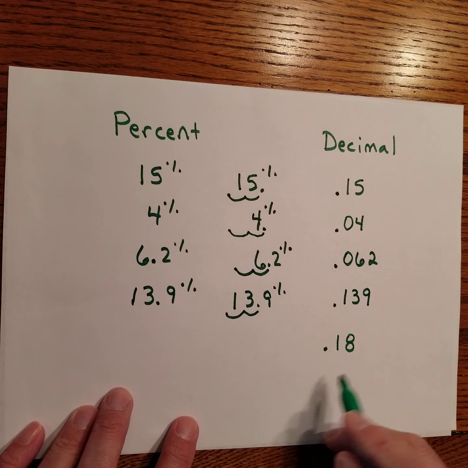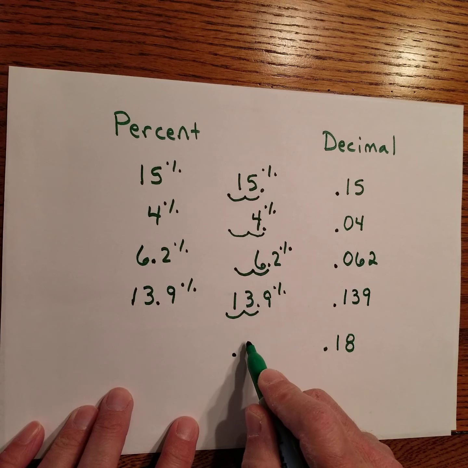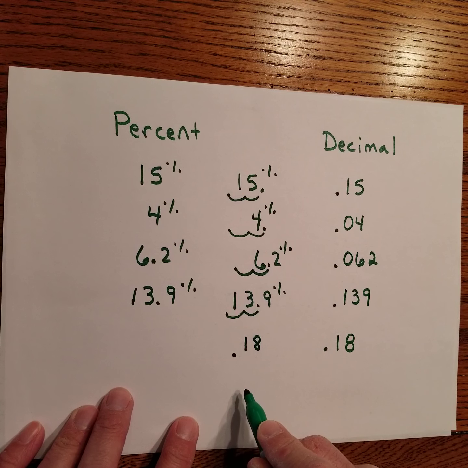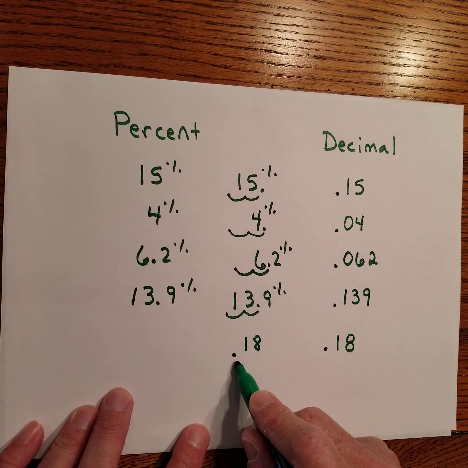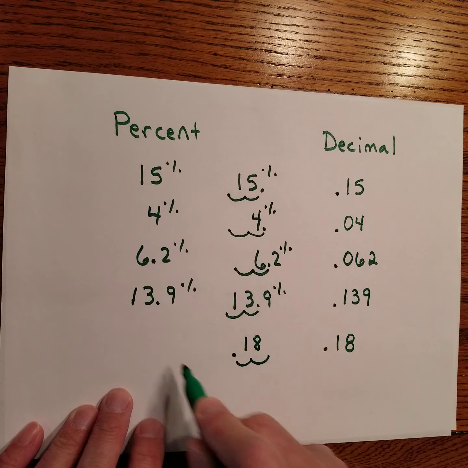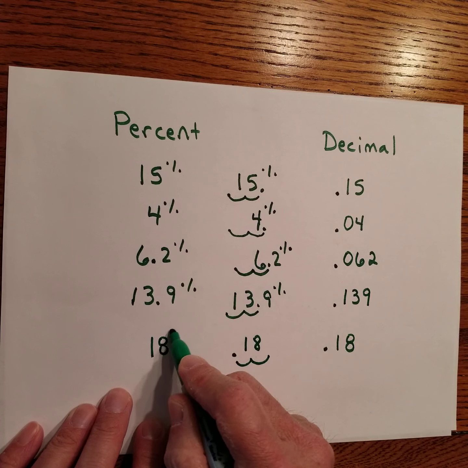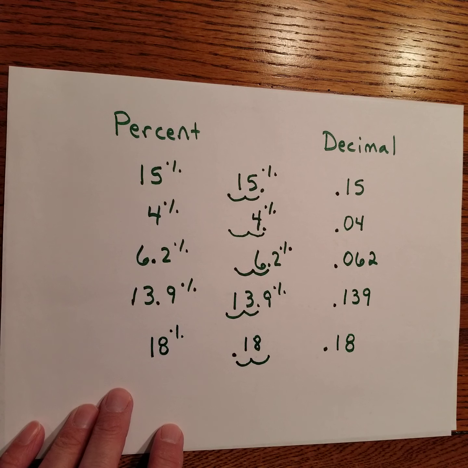To go the other direction, if I start with a decimal of 0.18, to change it into a percentage, I would move the decimal point 2 spots, but to the right. 0.18 would become 18%.